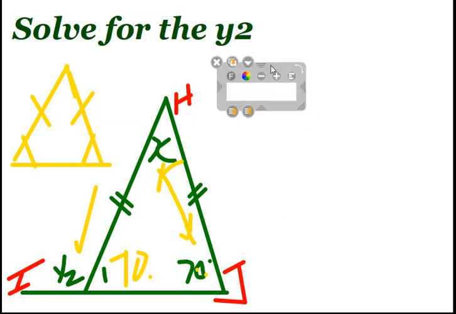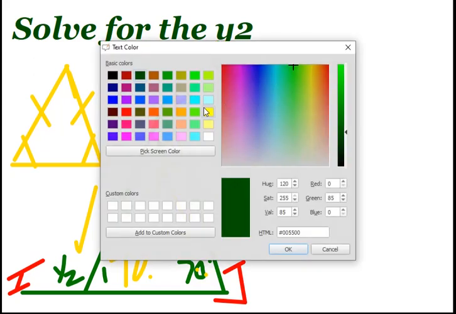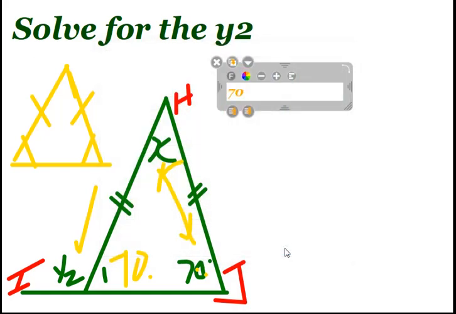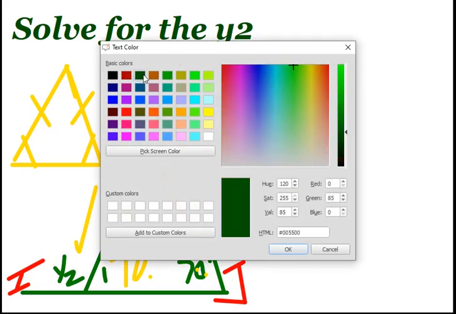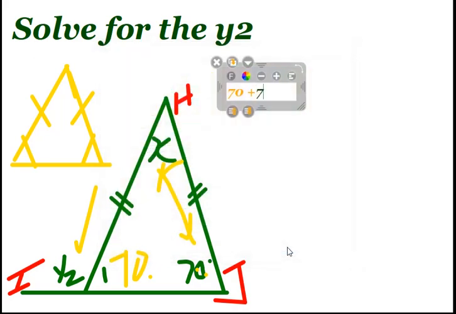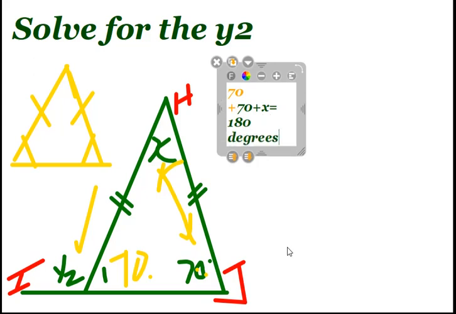So 70 plus 70 plus x should always give us 180 degrees.